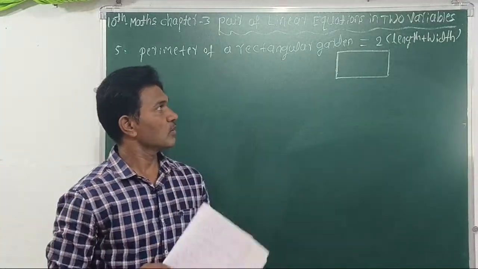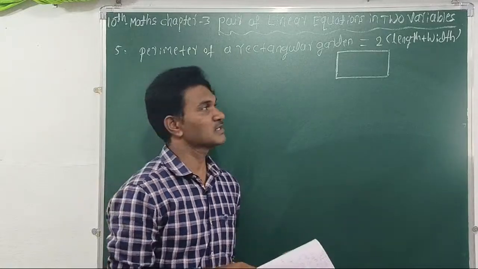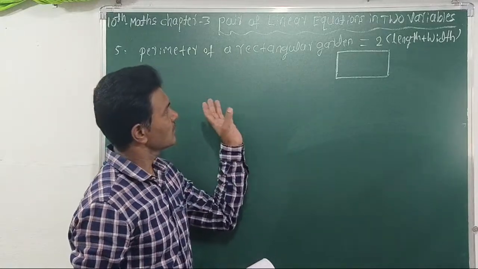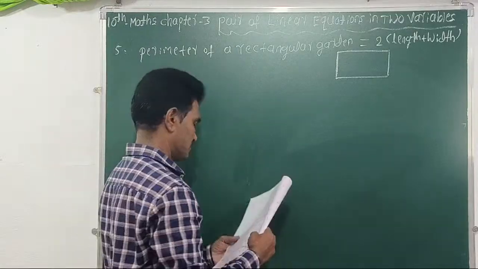We don't know length and width. Let us take length of the rectangular garden as x.